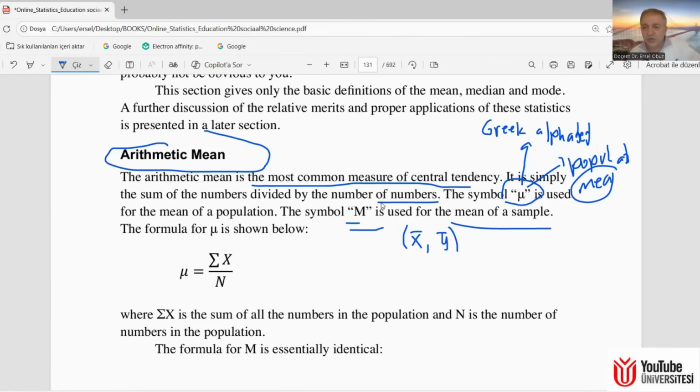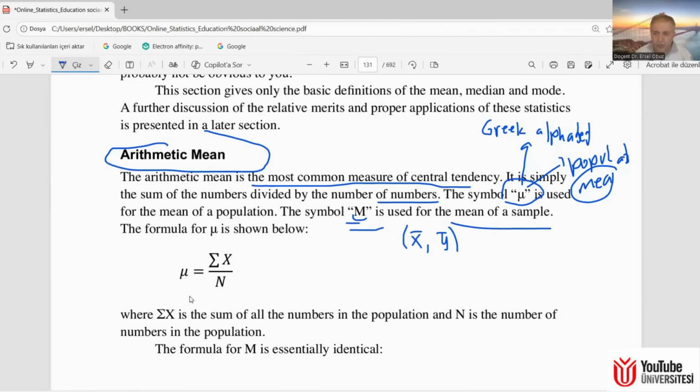But the basic idea is that for the population parameters, we use Greek letters. For the sample statistics, we use Latin letters. So M is Latin too, right? So we can use M or X bar or Y bar.